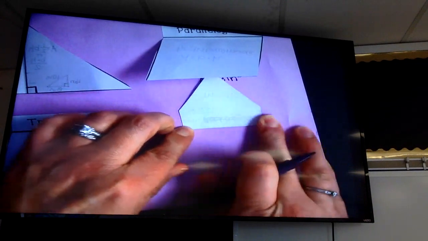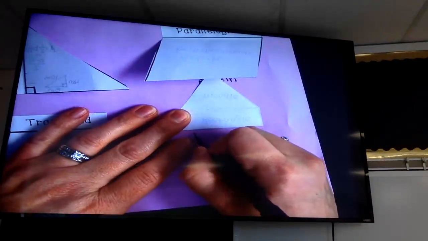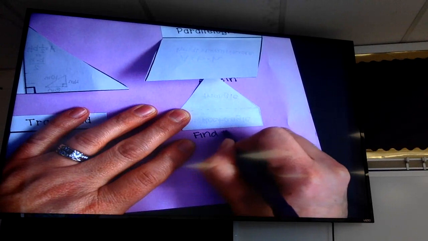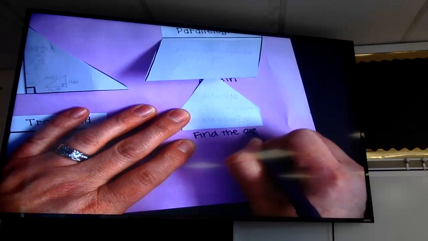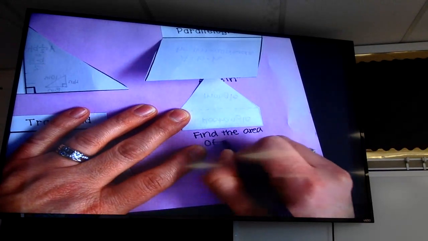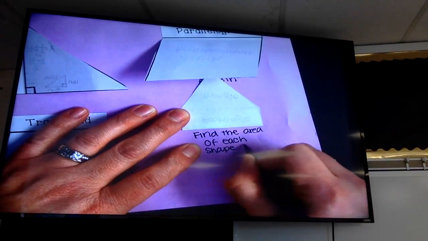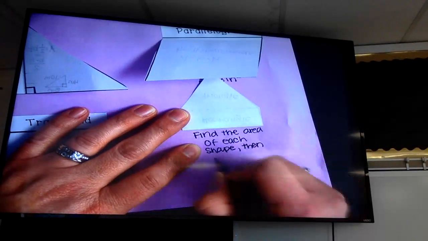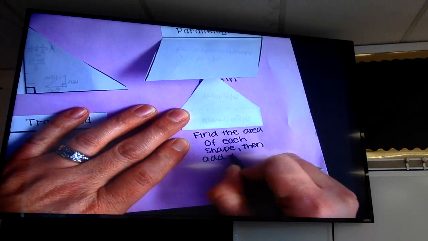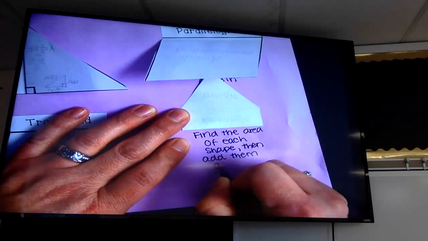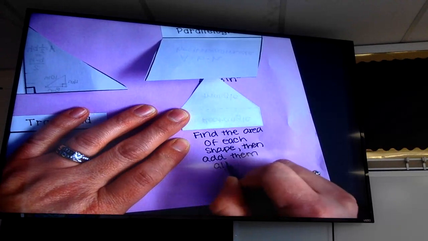So how do you find the area of a compound figure? Okay, so you're going to find the area of each shape, then add them all together.